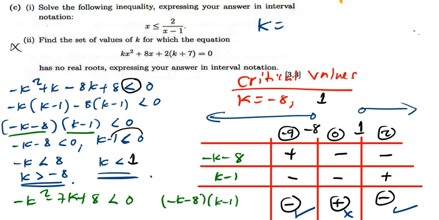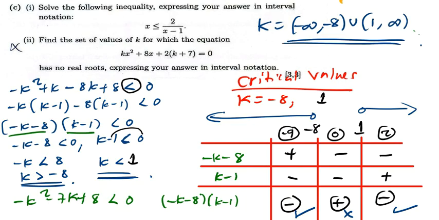So the k value should be from negative infinity to negative 8, union from 1 all the way to positive infinity. That's the answer for k.